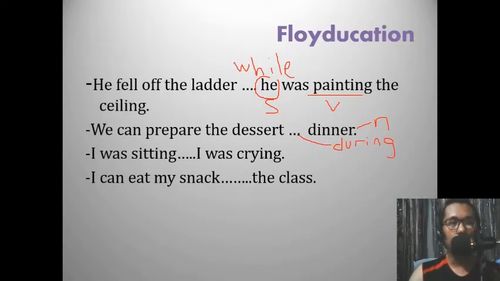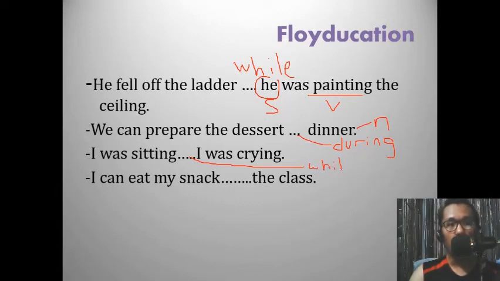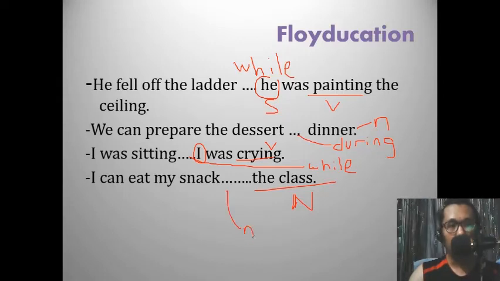I was sitting blank, I was crying. We're going to use while, because we have the subject and the verb. And the last one: I can eat my snack, blank, the class. This is a noun, so we're going to use during the class.